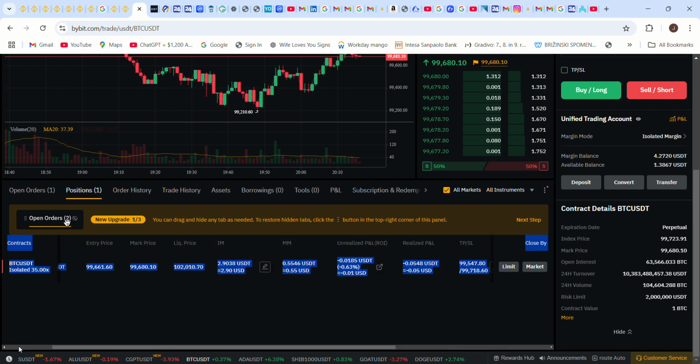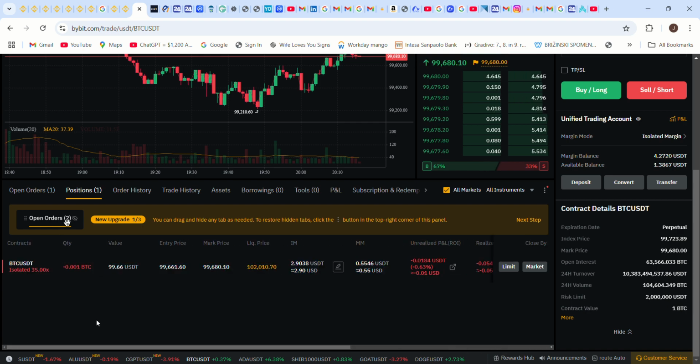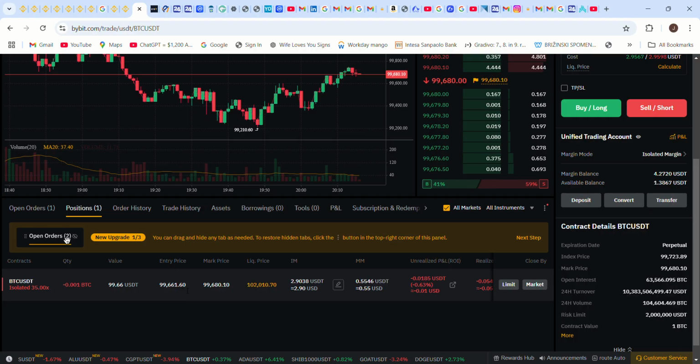Okay. Now we can see our bid. We have entered at 99,661. The market price at the moment is 99,680. And the liquidation price is 102,000.